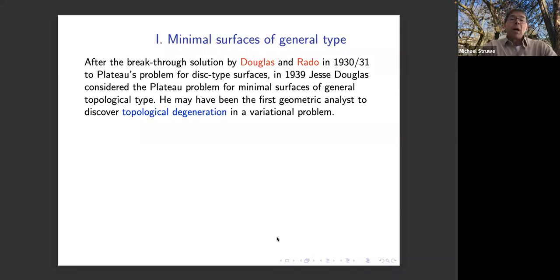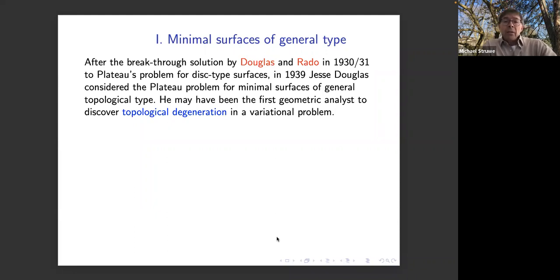This idea first came up when looking at minimal surfaces of higher topological type. You all may know that in 1930, 1931, Douglas and Radó independently solved the Plateau problem for disk-type minimal surfaces.